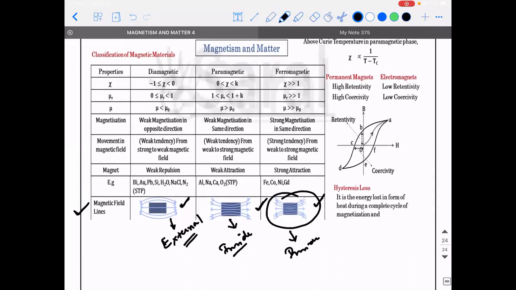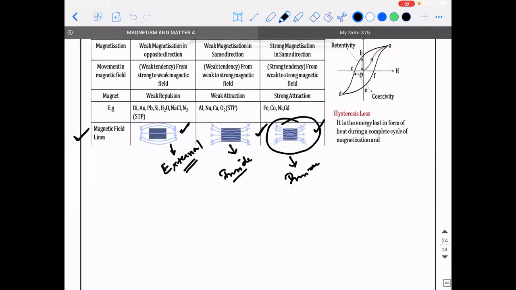Clear, guys? Yes, sir. Now see. For permanent magnets, we need a material of high retentivity and high coercivity. For electromagnets, we need material of low retentivity and low coercivity. Similarly, there is something called hysteresis loss.